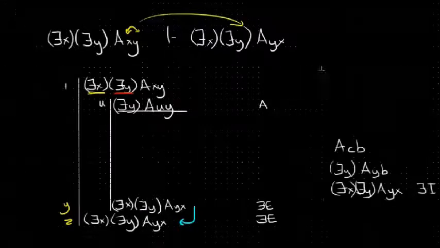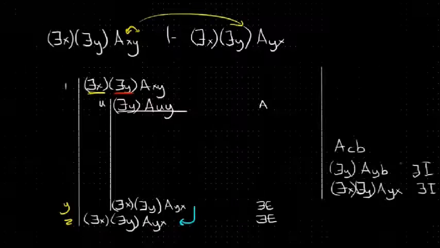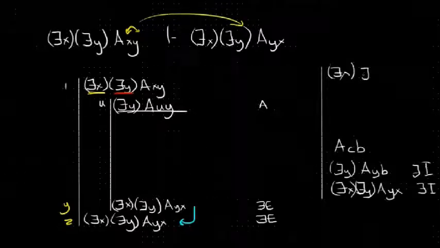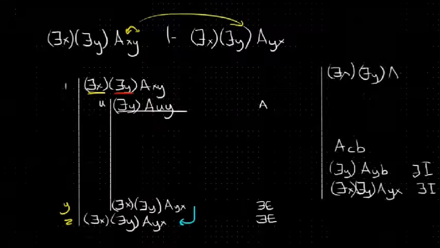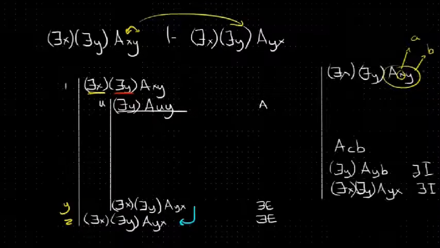So if we could have gotten to a c b, then great, we would have been able to derive this through two existential introductions, but our problem was that we started off with this statement, ∃x∃y Axy, and there's no way of getting to this and turning the x into an a and the y into a b.